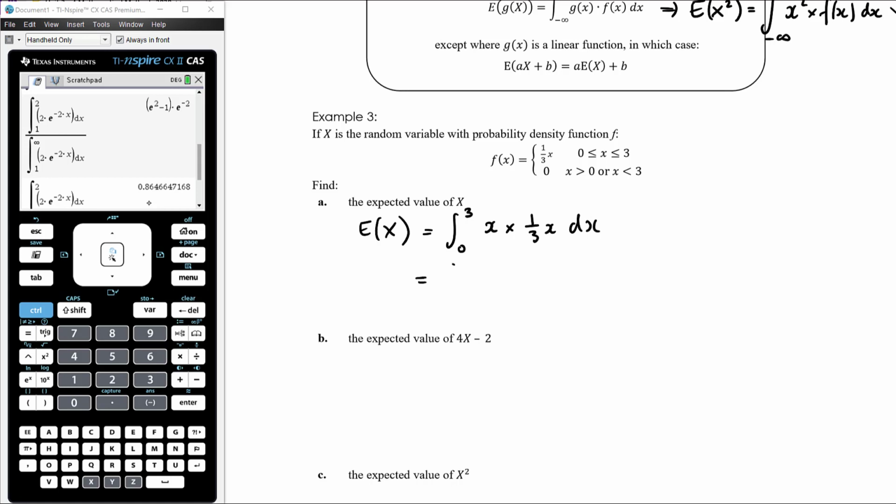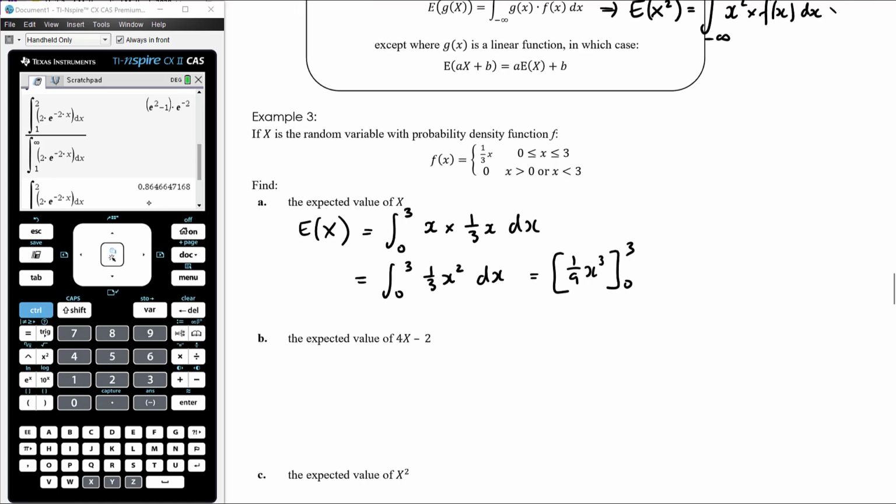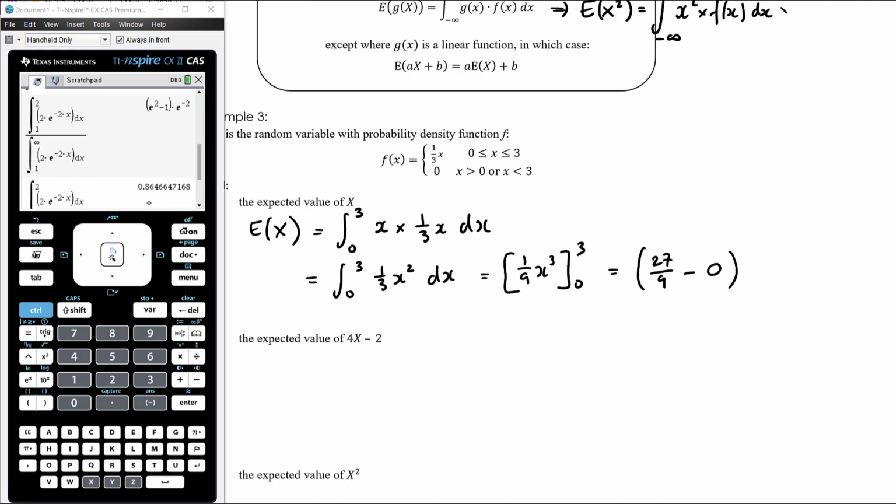So that is the integral from 0 to 3 of 1/3 x squared, which is 1/9 x cubed from 0 to 3, which is 3 cubed, 27 on 9, minus 0. And so the expected value is 3.